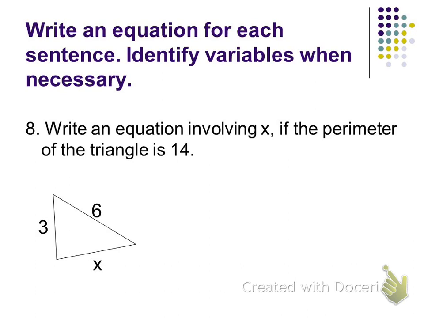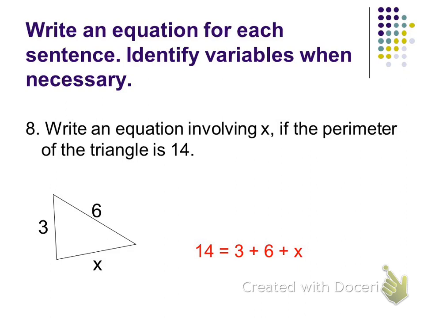Number 8, so down at the bottom of the page, you have a triangle. It says write an equation involving x if the perimeter of the triangle is 14. How do you find perimeter? You add those sides together. Add all the sides. So I'm going to just write it out, adding all the sides. I know it equals 14.